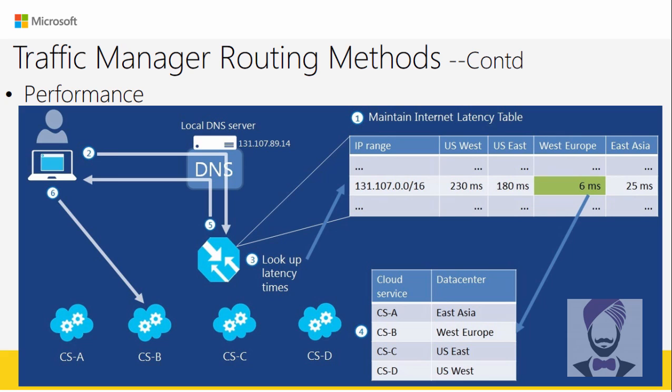According to the law of nature, or the law of distances, the nearest application to me is the one residing in Singapore. So here you can imagine the application in Singapore is giving a 6 millisecond round trip time, and it's the one being accessed because it has the least amount of time.